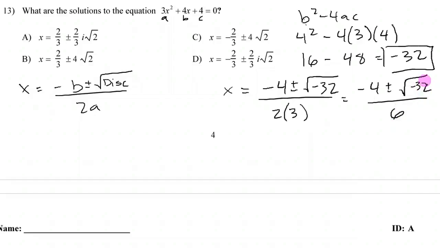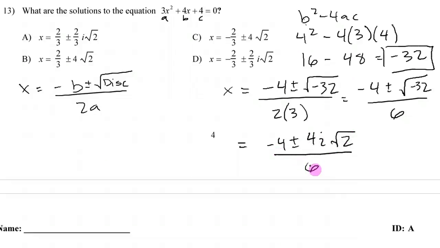We can simplify this. First, there has to be an i because I'm taking the square root of a negative, so it's imaginary. Also, I know this is 16 times 2. So square root of 16, square root of 2. I know the square root of 16 is 4. I don't know the square root of 2, so we leave it in there.